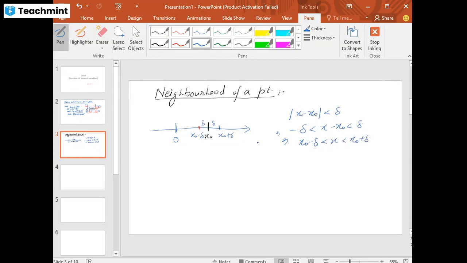So x belongs to the interval (x naught minus delta, x naught plus delta). This is called the open neighborhood of a point.